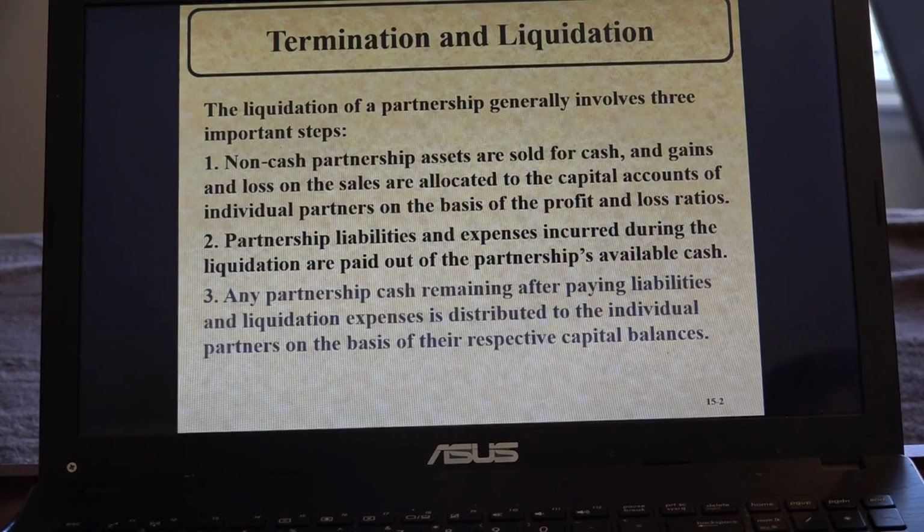And then any remaining partnership cash after paying liabilities and liquidation expenses is distributed to the individual partners on the basis of their respective capital balances.